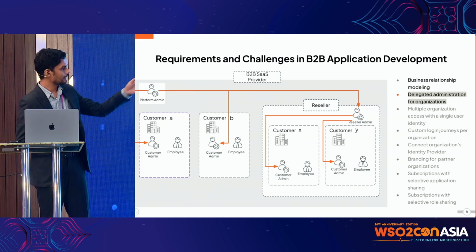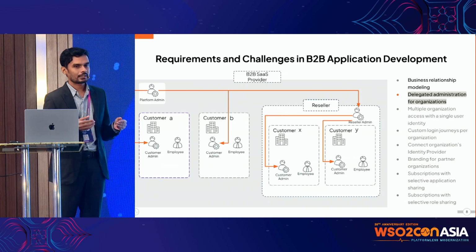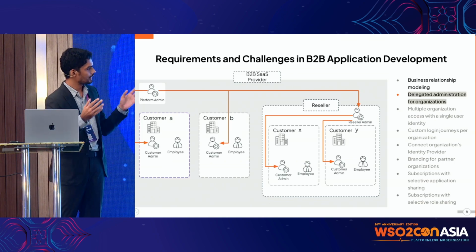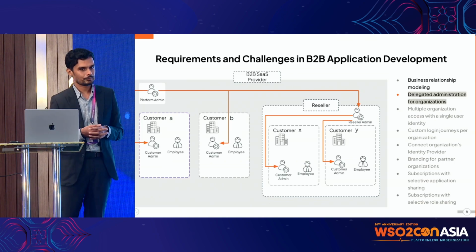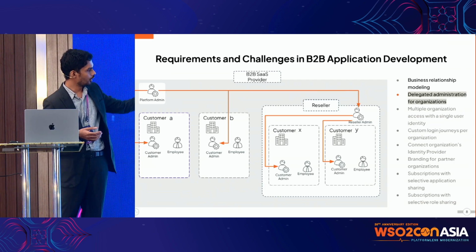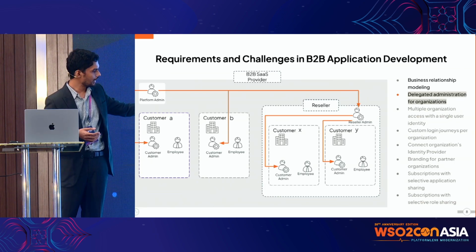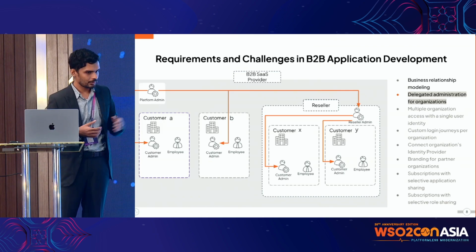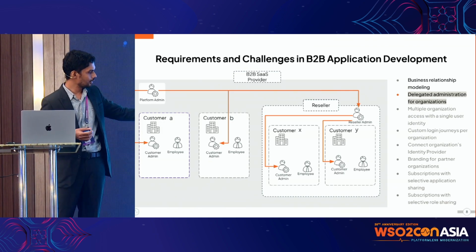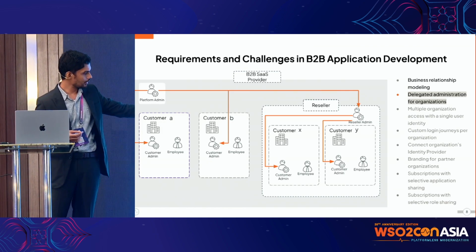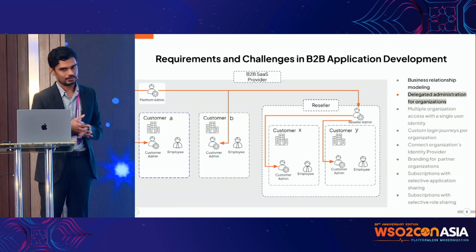And we have the reseller admin who should get the access to manage the organizations within that reseller organization. They should be able to onboard these customer organizations X and Y, and should be able to delegate the permission to manage the resources within that organization to the customer admin in that organization.